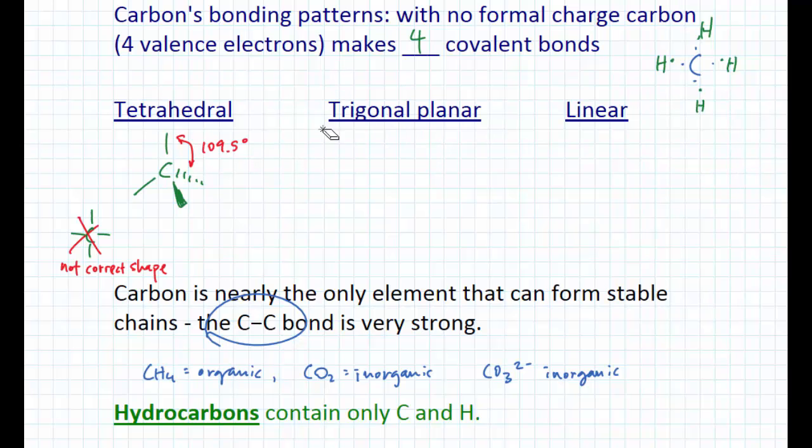It's possible to have a trigonal planar carbon. That's a carbon with 3 electron groups to it. What would the bonds look like for a carbon that has just 3 electron groups that are repelling each other? What do you guys think? Remember, we still need 4 covalent bonds total. Yeah, if we had 4 single bonds like that. If now we have a double bond, okay, and 2 single bonds, that's our 3 electron groups.